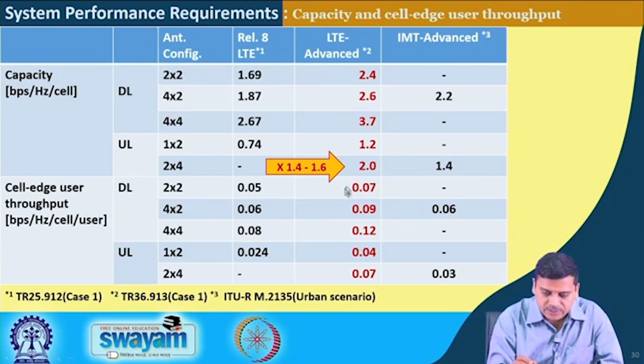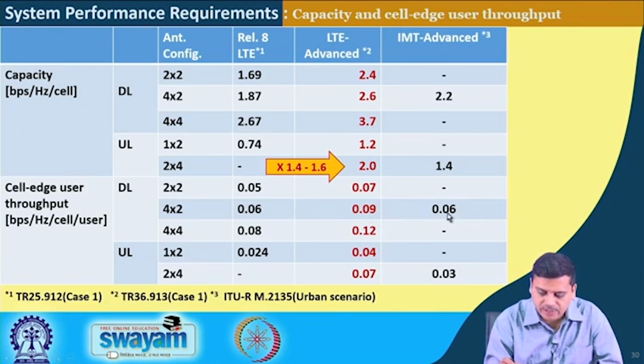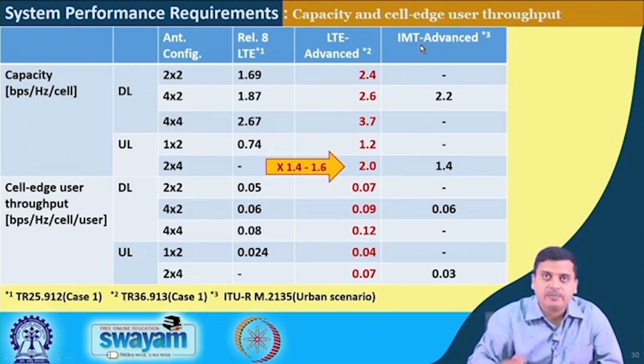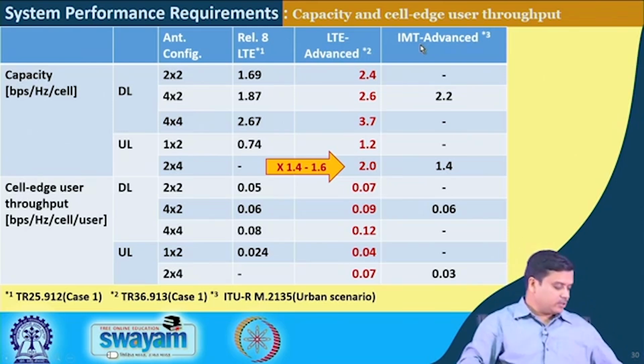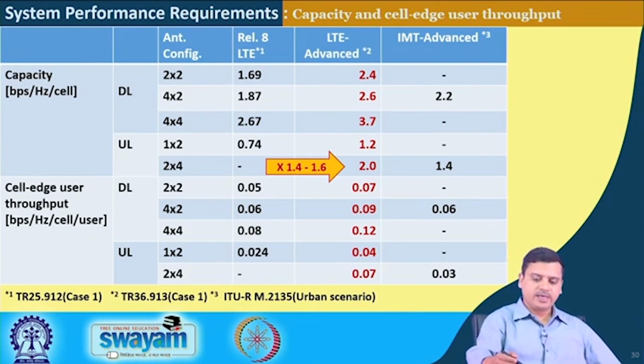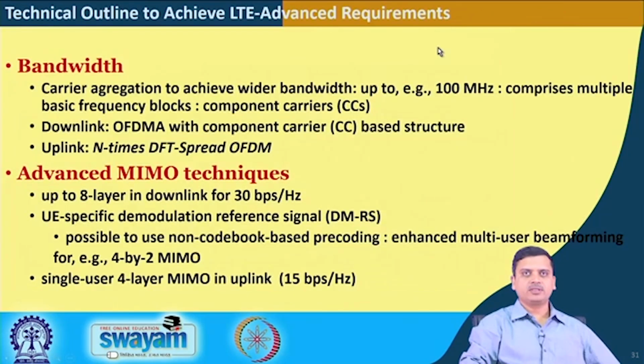There we see again the numbers which are exceeding the requirement, hence this particular technology is an IMT Advanced compliant technology. There are many such results available, through which it can be seen that LTE Advanced meets the IMT Advanced requirements.